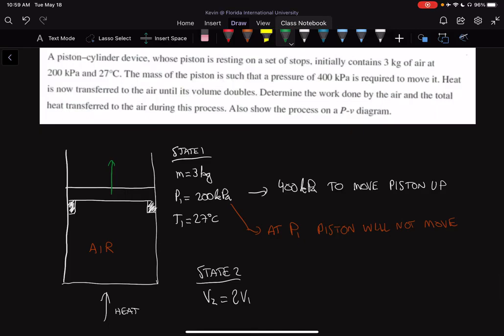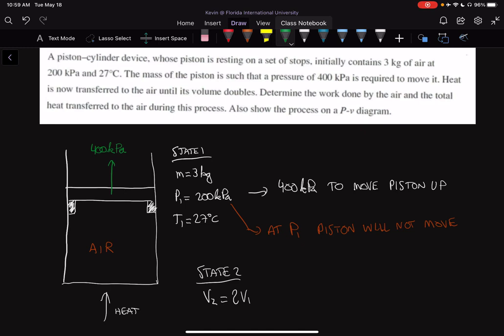And at what pressure is it going to be moving up once it gets off the stops? We know that the pressure at which it will move up once it's off the stops is given as 400 kilopascals. So once it gets off the stops, the pressure will be 400 kilopascals and it'll start moving off the stops, okay? And then the pressure will stay constant.